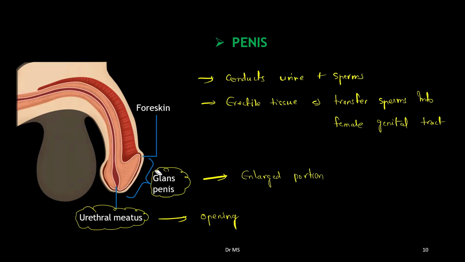The entire penis is covered by an outer sheath or outer skin. We call it the foreskin. Clear?